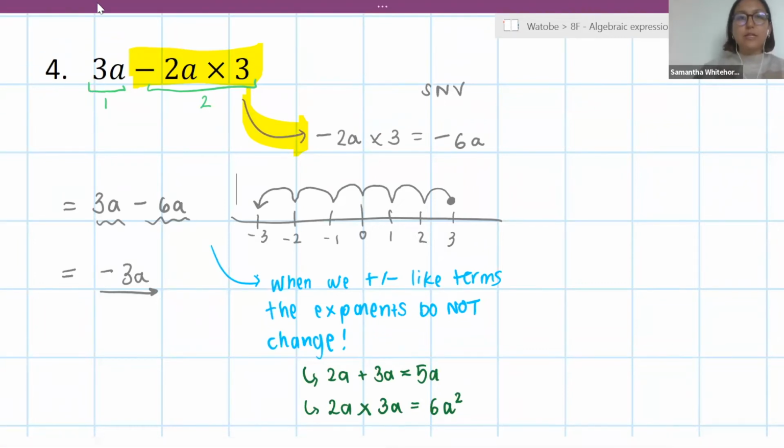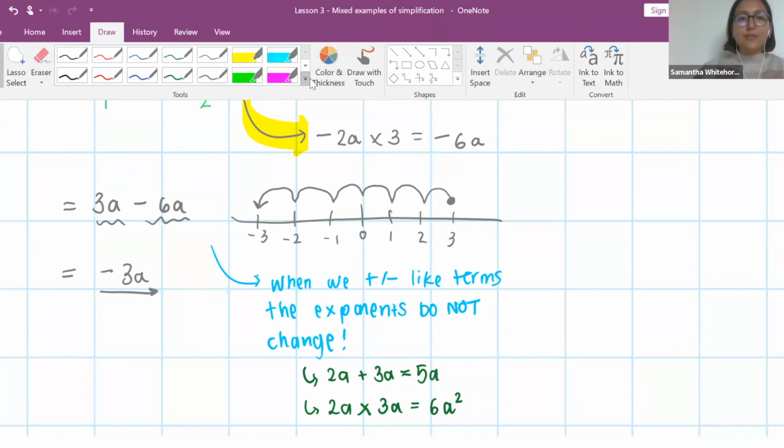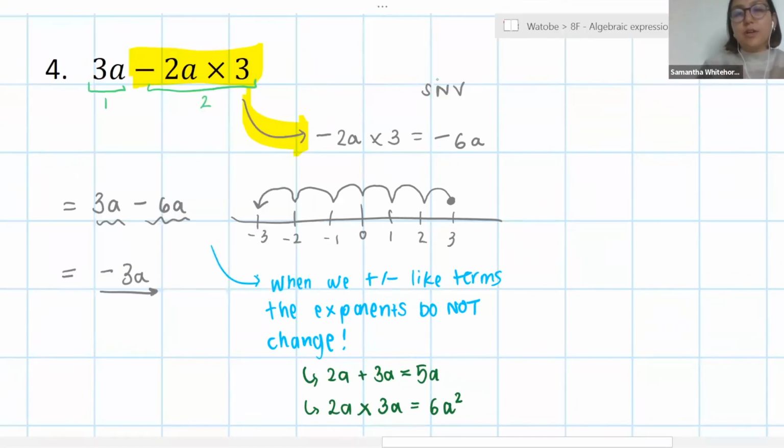Now, when we do these, we're going to use the little trick of SNV, which I've got up here, and I'm just going to rewrite to make sure that we multiply correctly. So SNV, signs, numbers, variables. So if I've got a negative times a positive, because we know there's actually a plus in front of the 3, I get a negative. That's why my final answer is a negative.